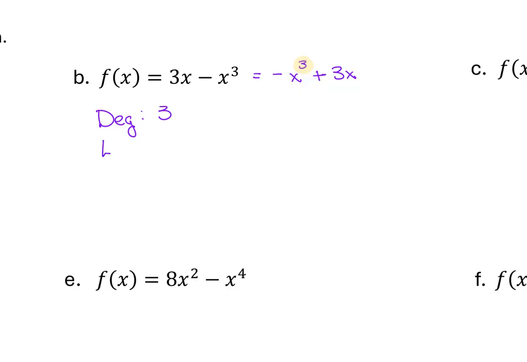We have a leading coefficient that is negative. And so remember, if it's an odd degree and a negative coefficient, then we are going to be going up on the left and down on the right.